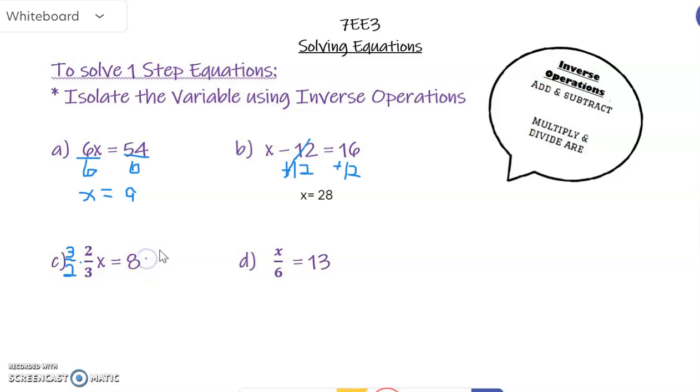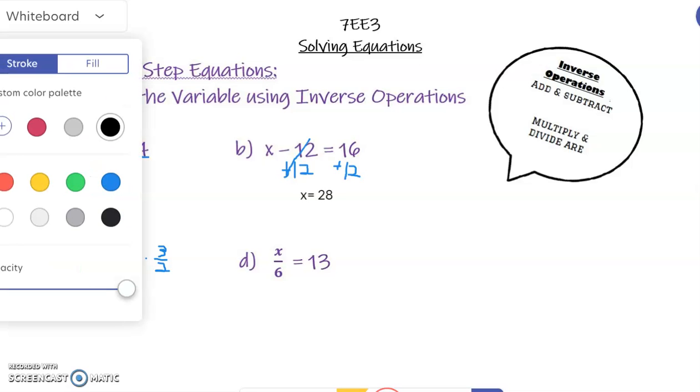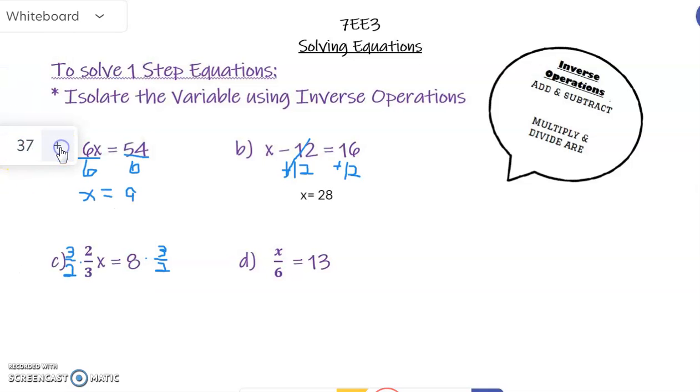And then whatever we do to the left, we do to the right. So we're going to multiply by 3/2. It's really hard to do this with a mouse pad. All right, let's get a color that works here, and let's get larger. There we go.